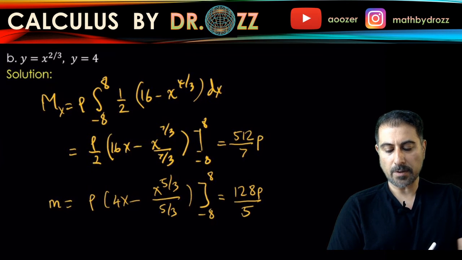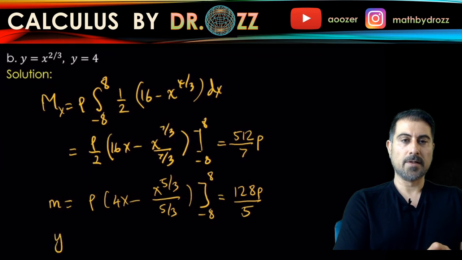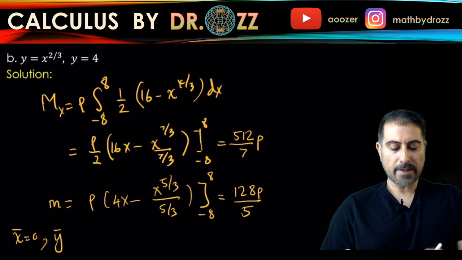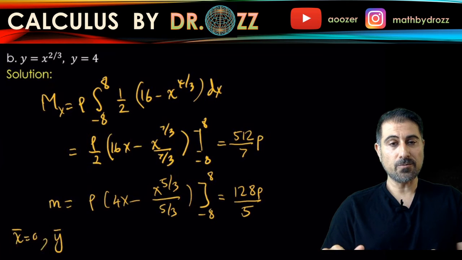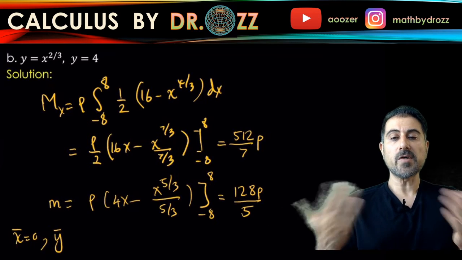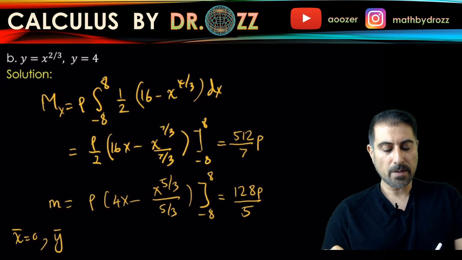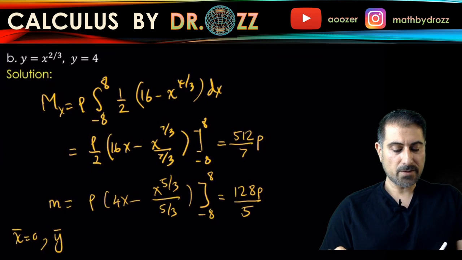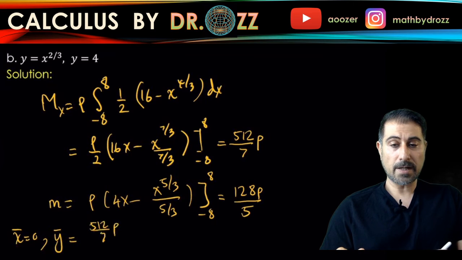We know that x bar equals 0, by the way, because the center of mass is on the y-axis. And you can go ahead and calculate that if you want to, but you'll end up with 0 for m sub y. M sub y divided by m would be just 0. So y bar is m sub x, 5/12 divided by 7 rho, divided by 128 divided by 5 rho.